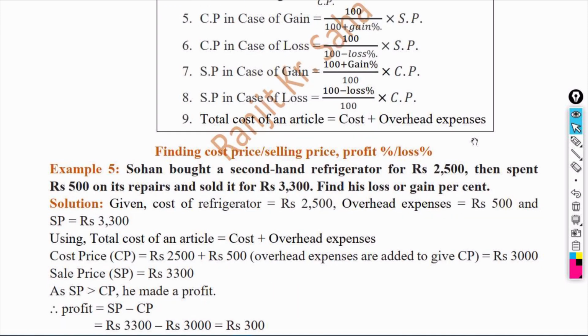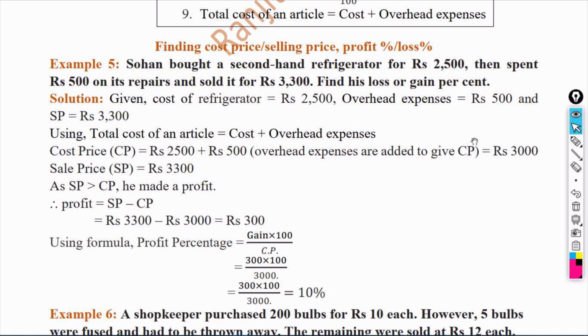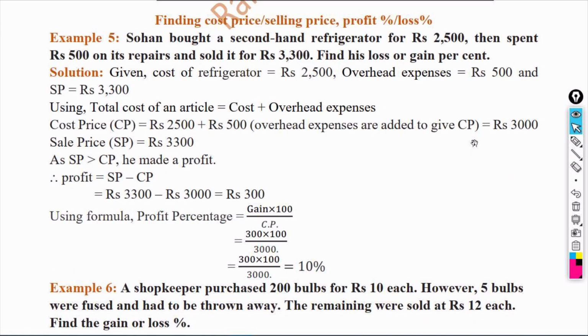Let us take example 5. Let us solve that. How to solve? Sohan bought a second hand refrigerator for rupees 2500, then spent rupees 500 on its repair and sold it for rupees 3300. Find his loss or gain percent.